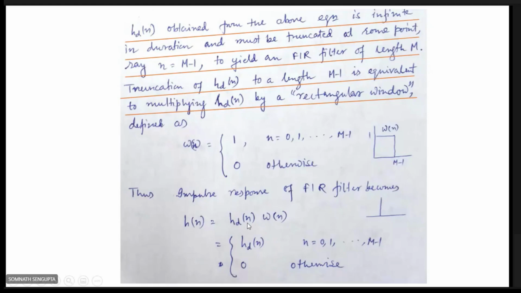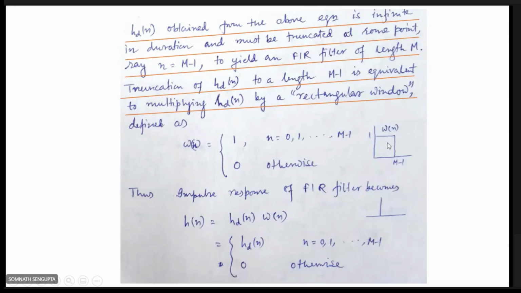Your desired frequency response H_d(omega) has the inverse Fourier transform h_d(n). Now you want to limit it to some finite length, so you multiply it with w(n), where w(n) is the rectangular function.